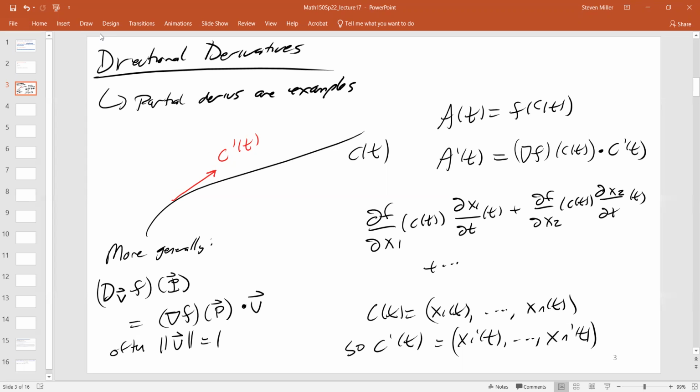Yeah, so if I take the standard directions, well, we already know we get the partial derivatives. The directional derivative along the x1 axis should be the same as df dx1. The directional derivative along the x2 axis should be the same as df dx2.